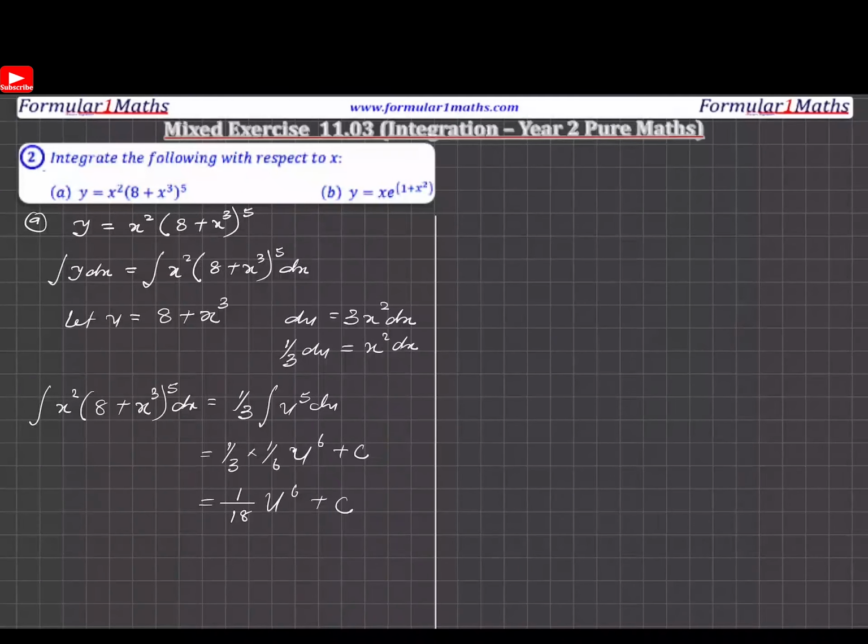I can now replace the u with 8 plus x cubed, and if I do that, I'm going to get 1 over 18 brackets 8 plus x cubed, all of that to the power 6, plus c. And that is the answer required.